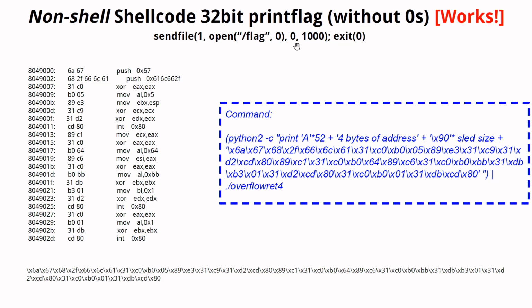The third argument is actually the offset. So we said offset was 0, so the beginning of the file. The 1000 here is the size we want to send. So this is not the typical way of reading a file and outputting it to the terminal.